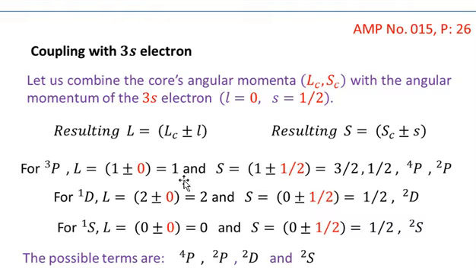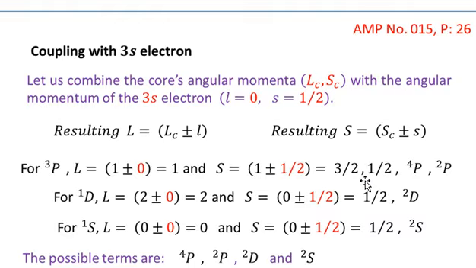Now since L is equal to 1, the term symbols that I shall use will be capital P, and the capital S is equal to 3/2 and 1/2, and the corresponding multiplicities will be equal to 4 and 2. So I have used 4P and 2P as the multiplicities with these two states. And you know that the multiplicity is given by 2 times capital S plus 1, and the capital S values are 3/2 and 1/2.